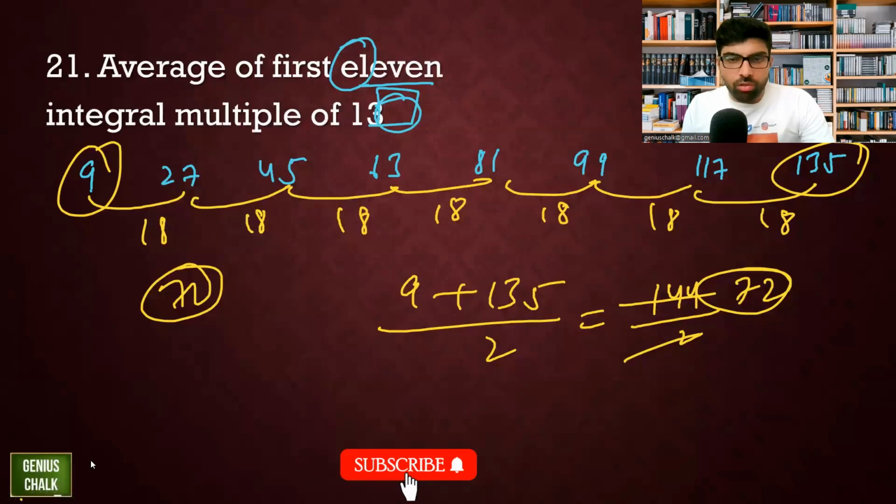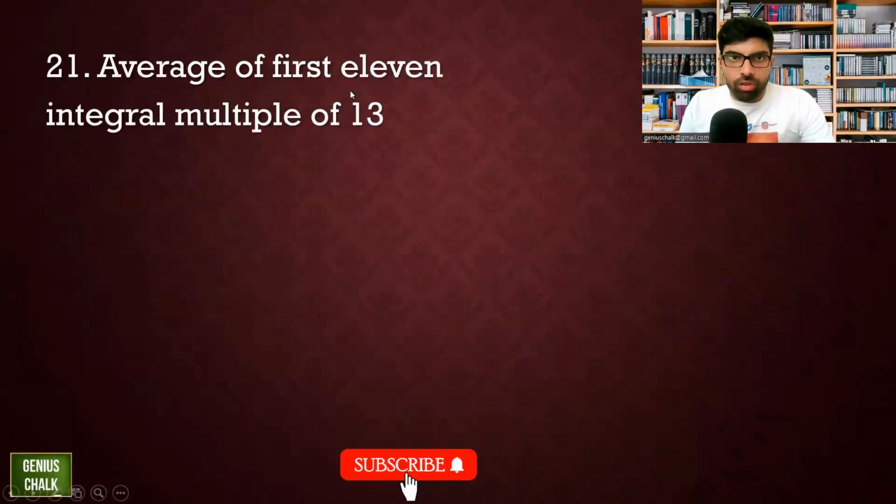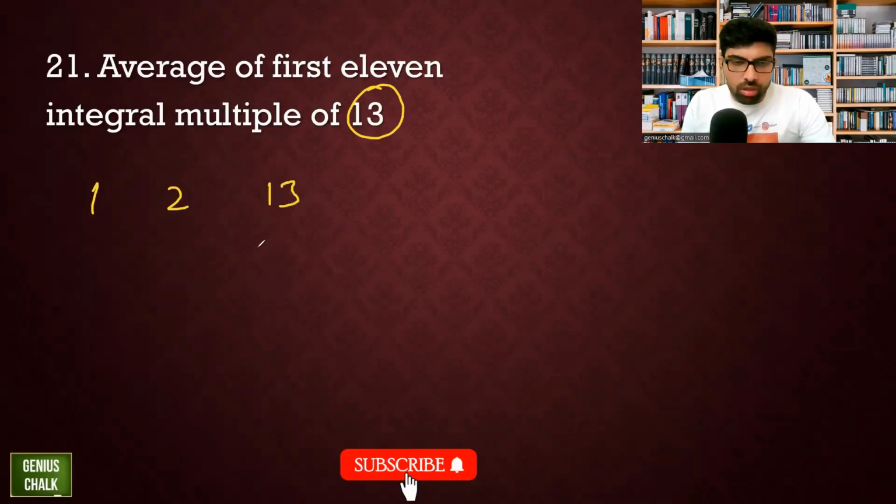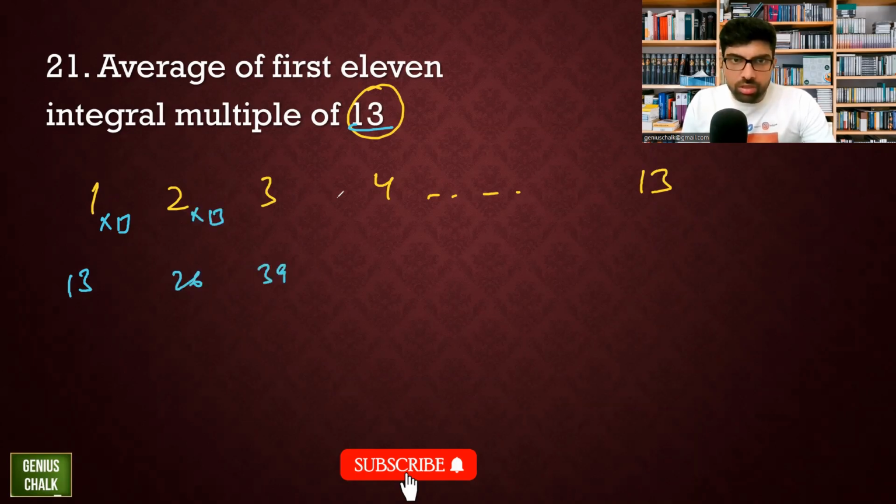Another beautiful application of average. Average of the first 11 integral multiples of 13. You see 1, then 2, then 3, 4, up to 11. As all numbers are multiples of 13, the first number will be 1 into 13, that is 13. Next is 2 into 13, 26. The next is 3 into 13, 39. 4 into 13, 52.